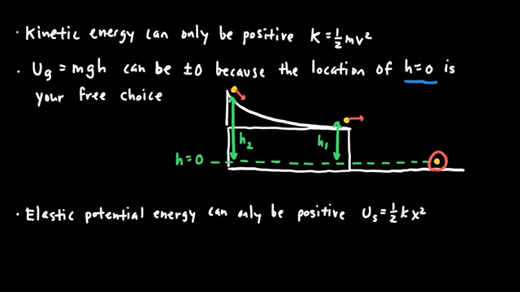But we could have defined h to be equal to 0 at the bottom of the ramp here. So if we define h equal to 0 there, then when it gets to the ground it would have some negative amount of gravitational potential energy, and that's totally fine. And if you plug in that negative amount of gravitational potential energy into your equations, it will not be a problem.